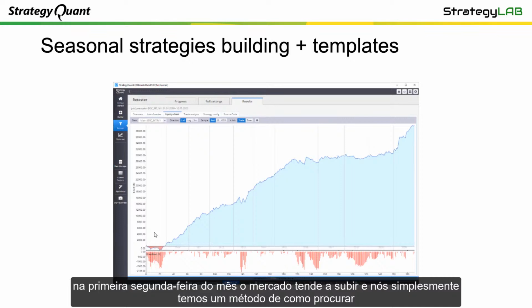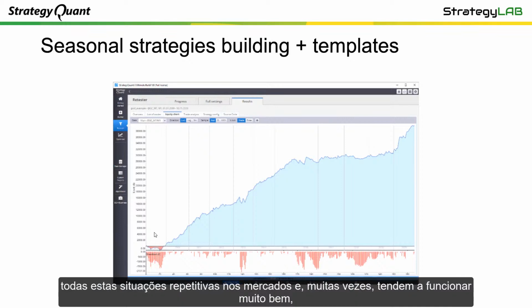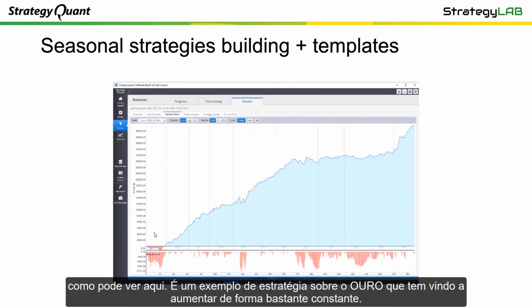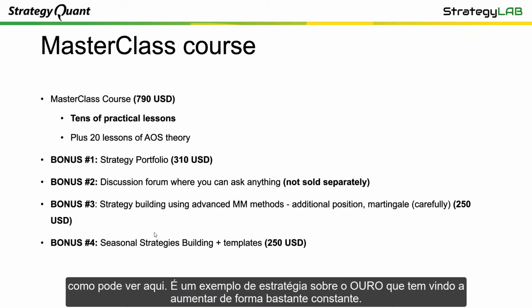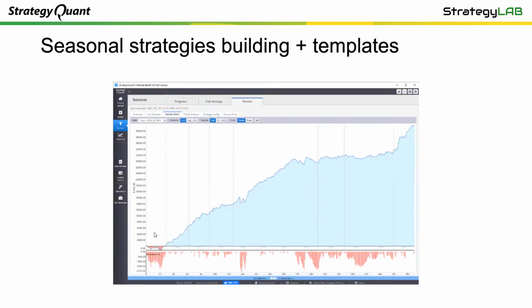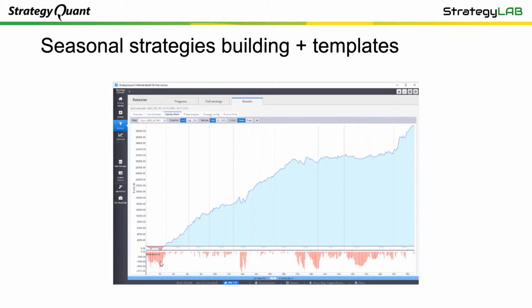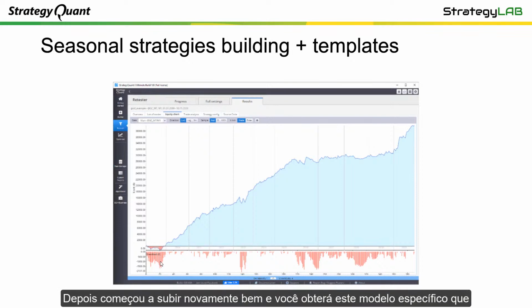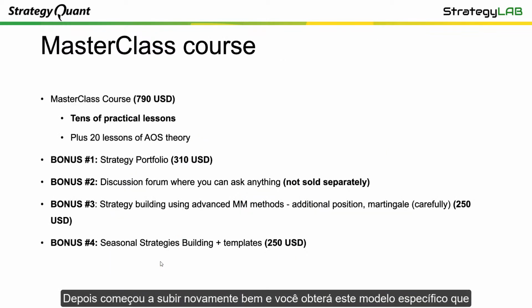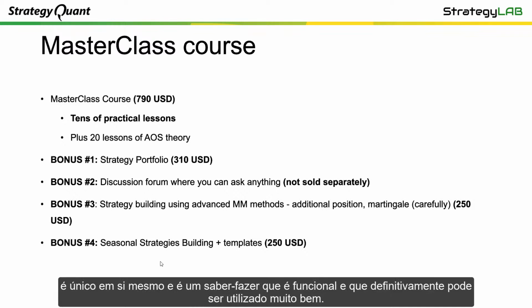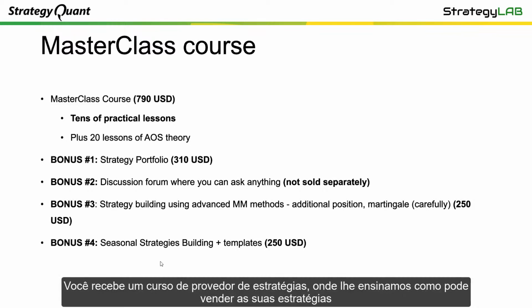We have a method of how to look for all these repetitive situations in the market, and quite often they tend to work very well, as you can see here. That's an example of a strategy on gold that's been rising fairly steadily. It went sideways one time, but we didn't lose money, so that doesn't bother us significantly. Then it started rising again nicely, and you get this specific template, which is very unique in itself, and it's know-how that's functional and definitely can be used very well.